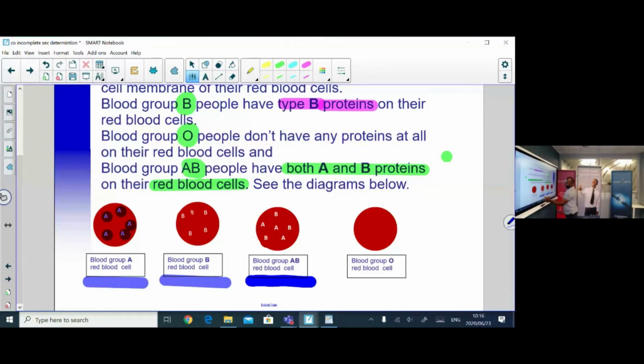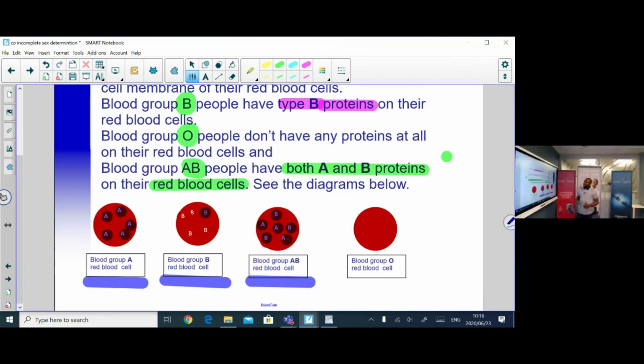Codominance: they don't want to suppress each other or to dominate each other. So they coexist equally. So we find both A and B present in the membrane of blood group AB.